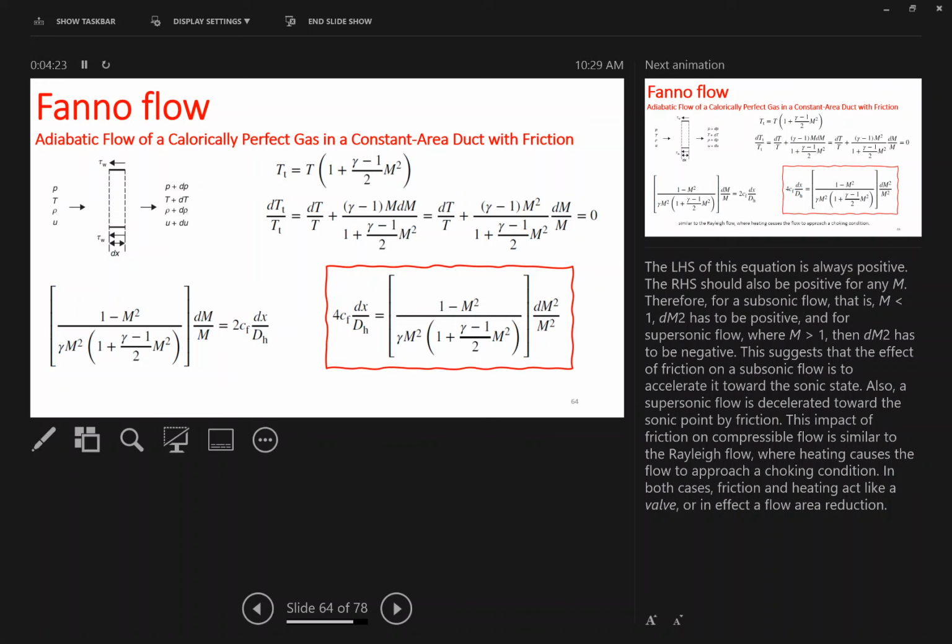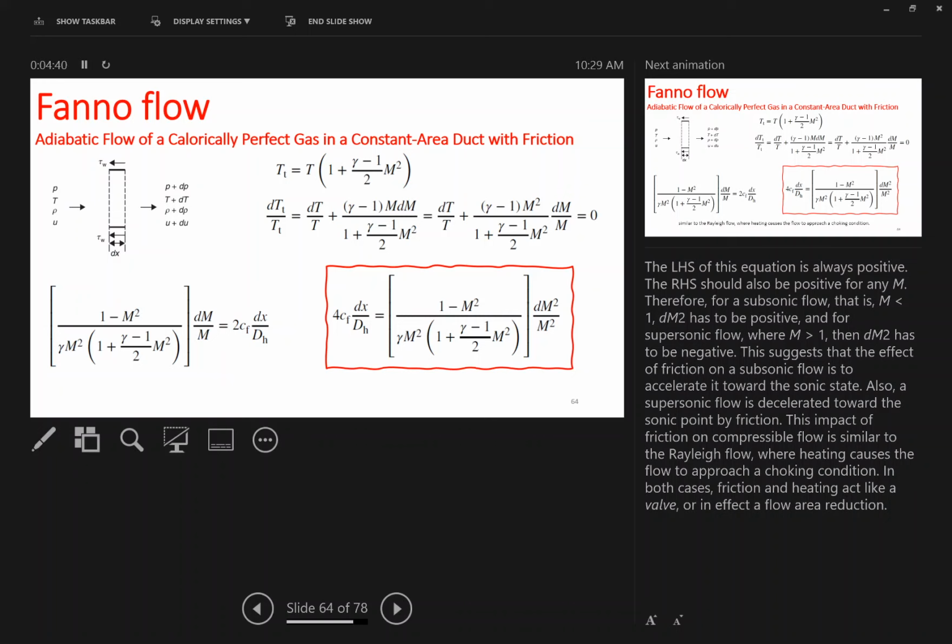Which relates your friction coefficient to the length, to the local point inside the duct, and the Mach number at that specific location, and the changes in the Mach number.